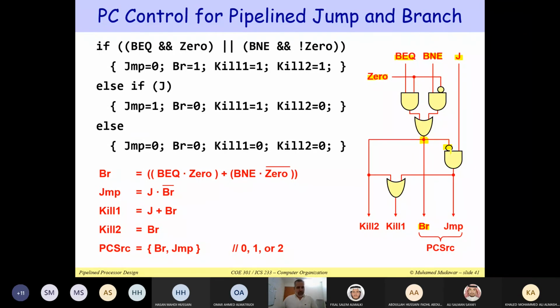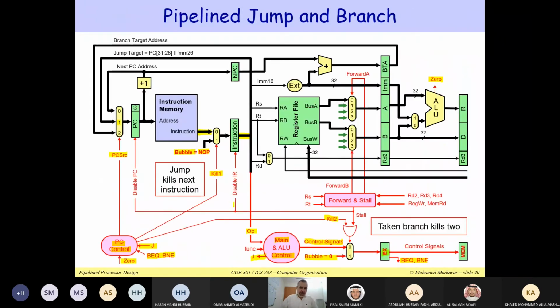Now, this will handle the situation in which we have a branch followed by a jump, according to the comment of Ali. Notice that I have a jump signal here that indicates that we have a jump and not the branch. What does it mean? It means that you might have a branch instruction in the third stage, followed by a jump. So this might be true and this might be true at the same time.